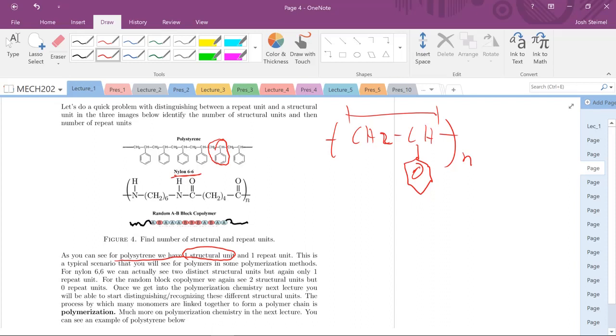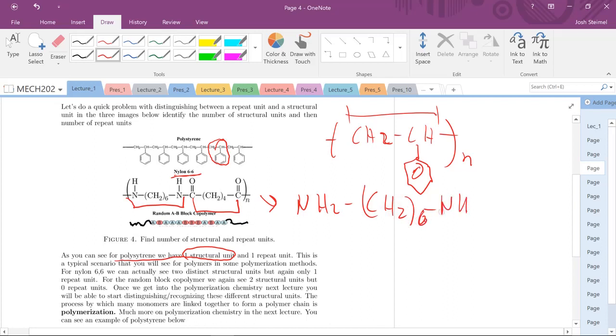Now, in this polymer, we can see there are 2 distinct structural units, this structural unit and this structural unit. The actual process of this polymerization, and we'll get into this a little bit later, is a condensation reaction. Let me do some quick polymer chemistry.